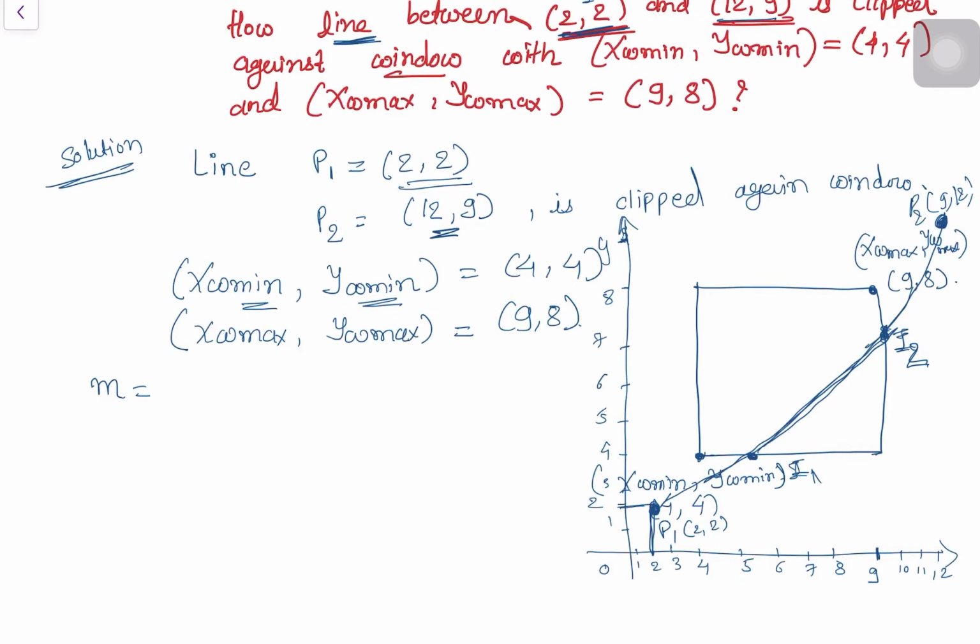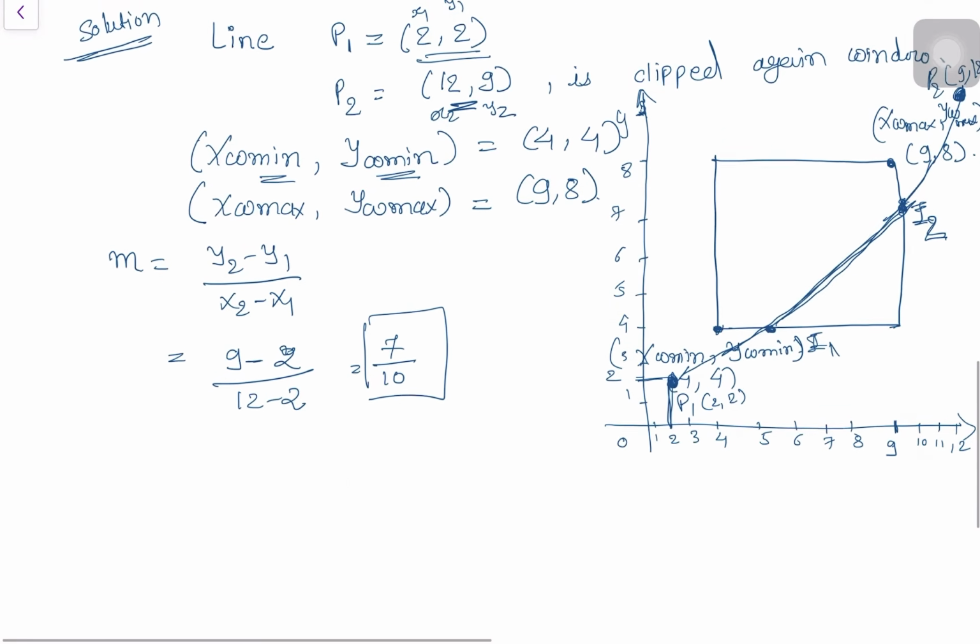M is equal to y2 minus y1 divided by x2 minus x1. So what will be the value of y2? That is 9 minus 2 and 12 minus 2. This one x1 y1 and x2 y2. 9 minus 2, that is 7, divided by 10. This will be the value of slope.